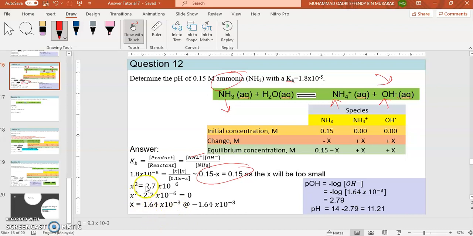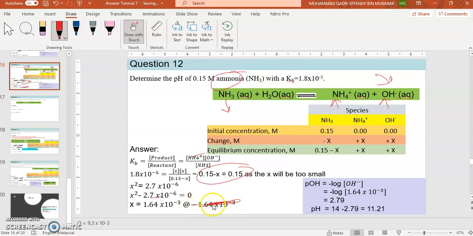Then our x squared will be 2.7 times 10 to the power of negative 6, and if we rearrange it, this is our equation, and we can solve it. We get the x value is 1.64 times 10 to the power of negative 3, or negative 1.64 times 10 to the power of negative 3. Because this is concentration, we can ignore the negative one because concentration can't be negative.